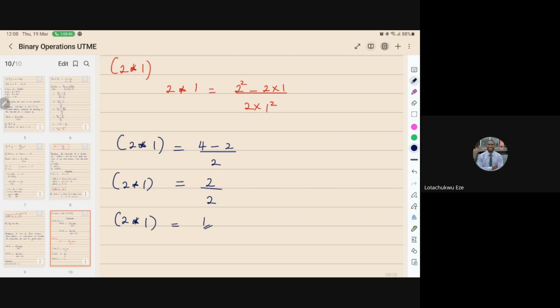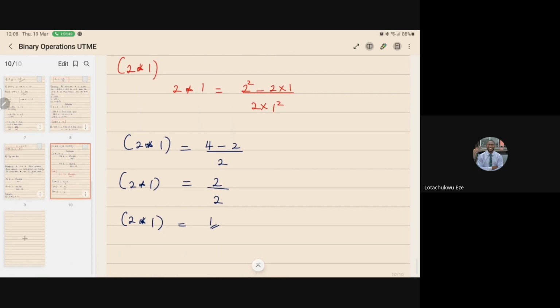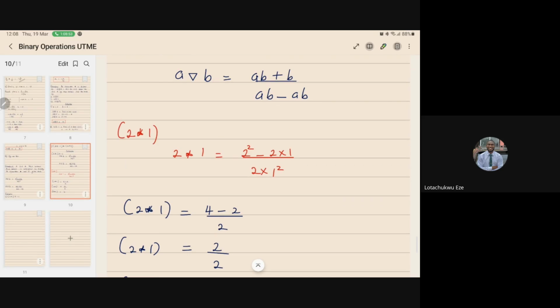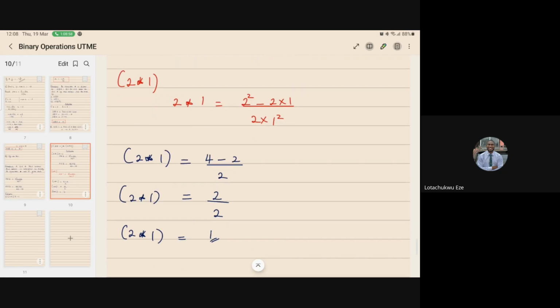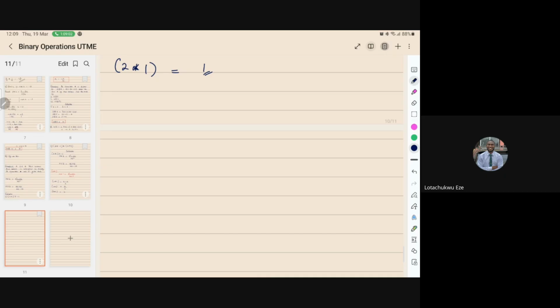But it doesn't end there. Remember, there's an additional feature. Look at the very question, 2 asterisk 1, that's what we're trying to solve, then the symbol -1. So it doesn't end there, because recall that the problem at hand is 2 asterisk 1, then that symbol -1.